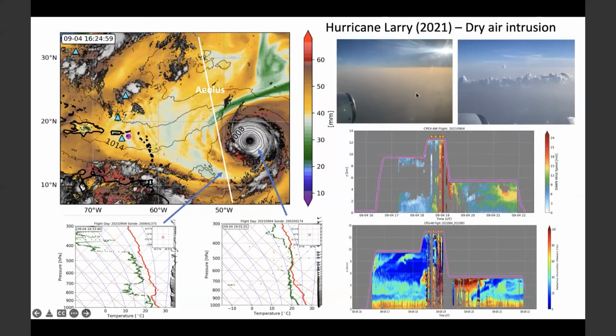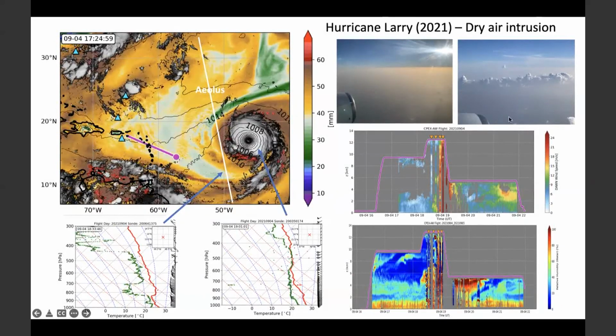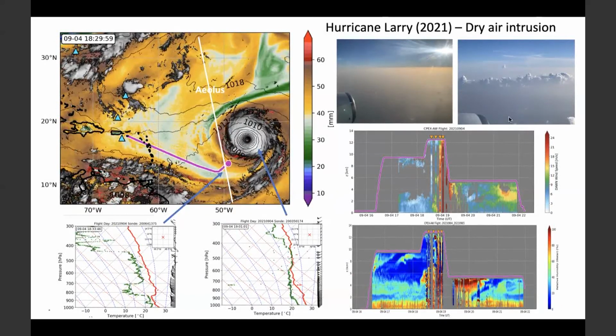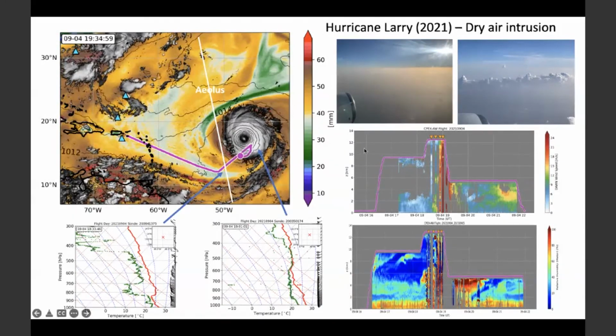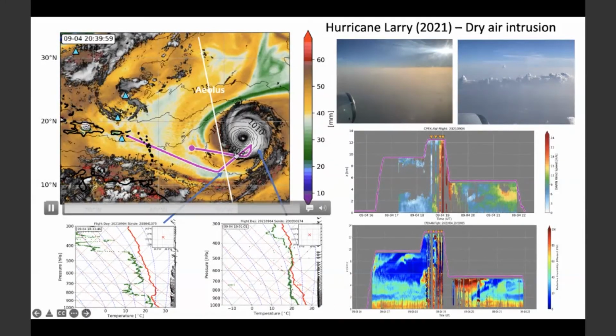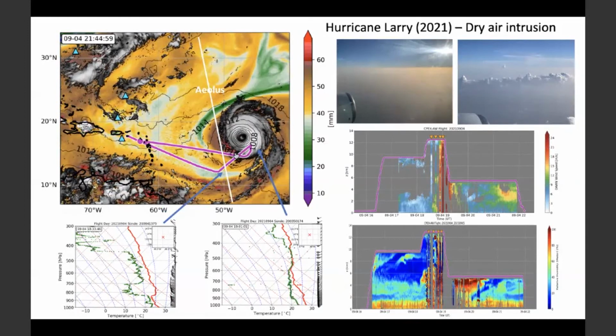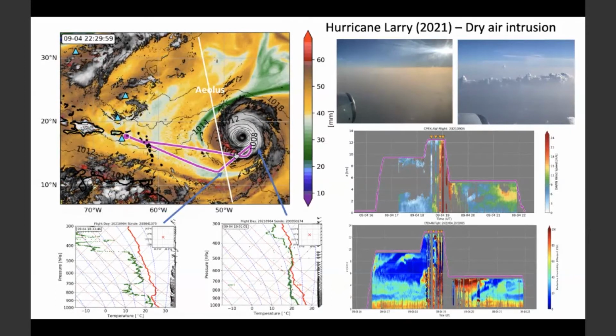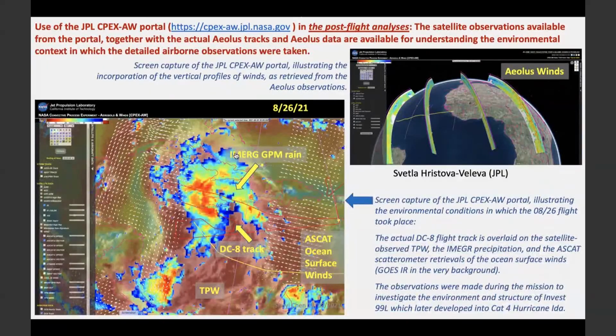It's extremely dusty, and you can see the convection have a hard time punching through these very stable layers. These are difficult for a model to capture, but the aircraft can really provide a piece of this environmental interaction with high impact weather.